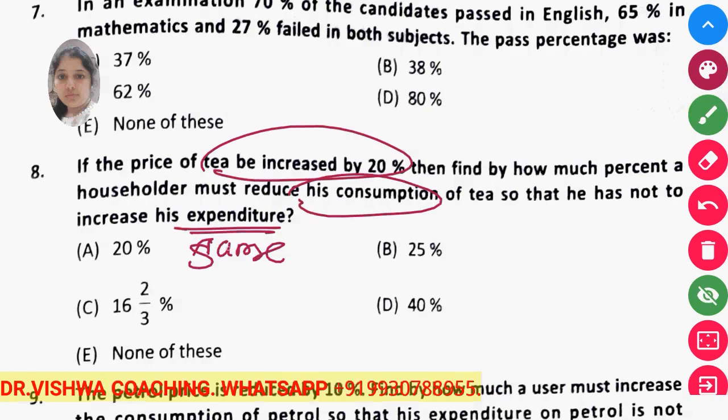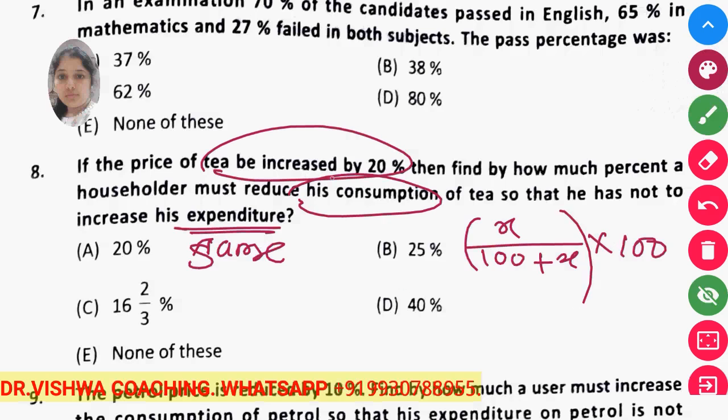So there is a formula to calculate the percentage reduction in consumption if expenditure remains constant, and the formula is x upon 100 plus x, into 100.